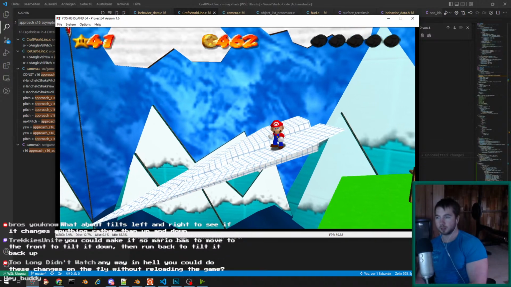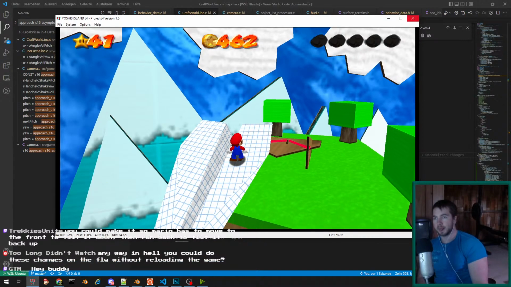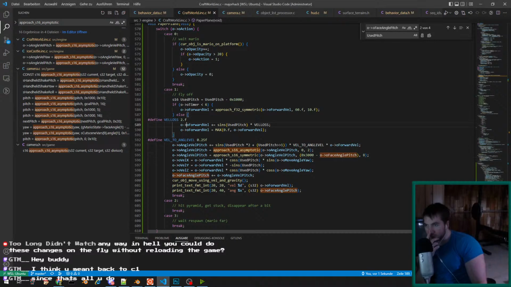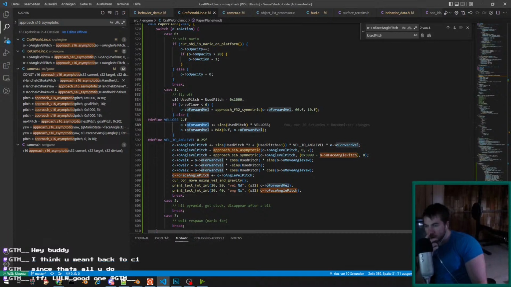Okay, it's pointing forward, but it's not gaining velocity. Okay, that's for sure the issue. Why would it not gain velocity here?